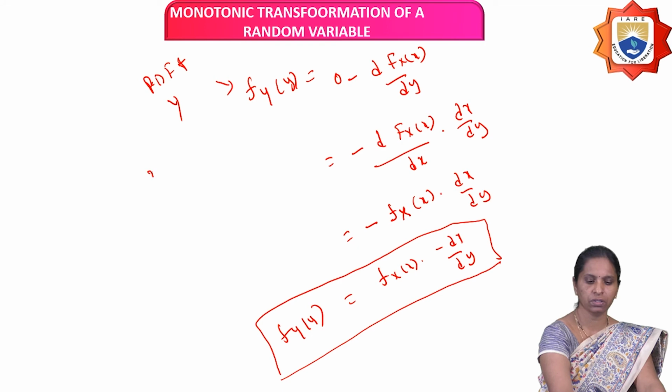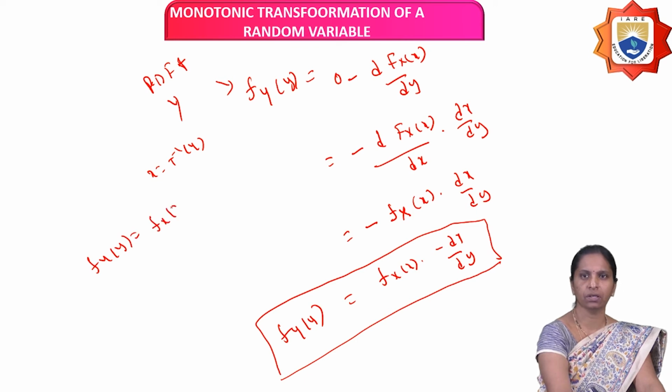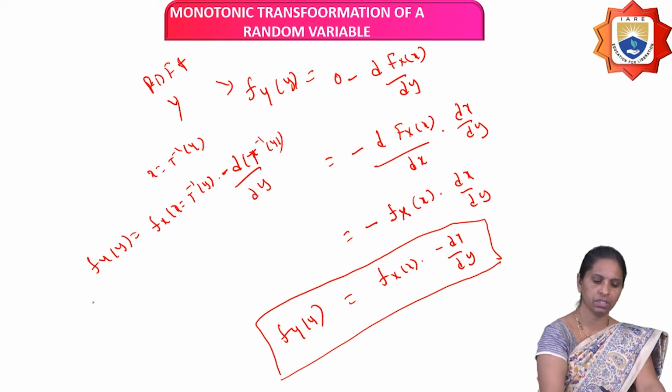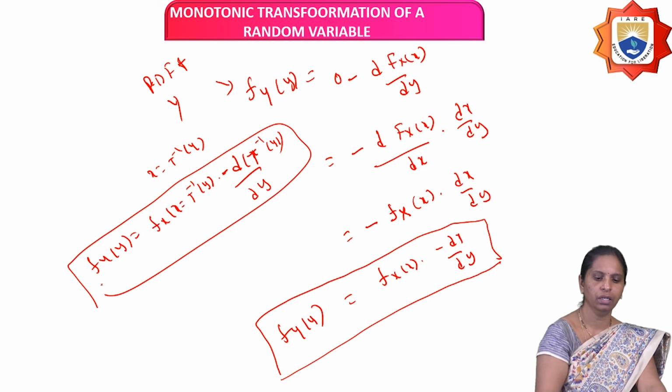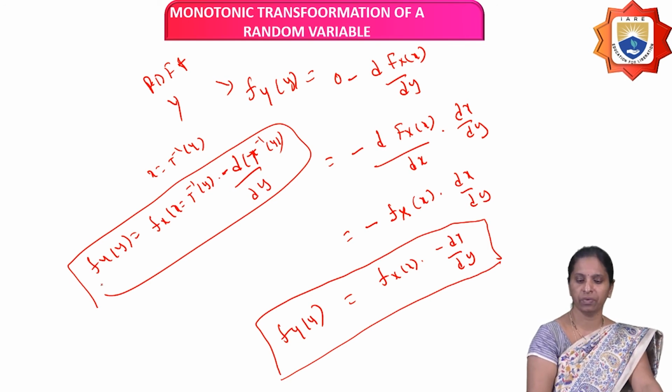Or else, x is equal to T inverse of y. Then fy of y is equal to fx of x equals T inverse of y, into minus d of x equals T inverse of y by dy. So this is a formula to calculate the density function of the transformed random variable.